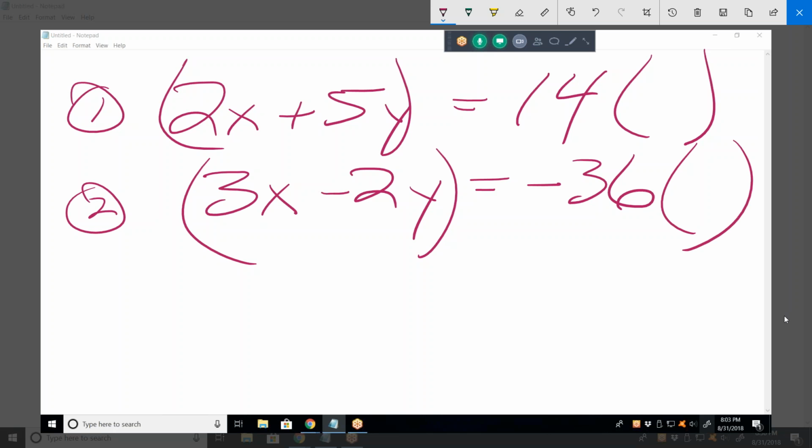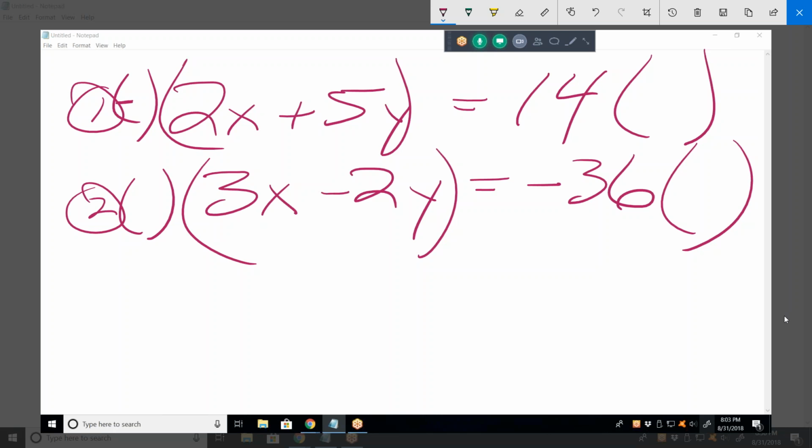So what should I multiply the top by? Think common denominator. What is the least common denominator between 2 and this 3? It's 6. So I want to multiply this by something that gives me 6.